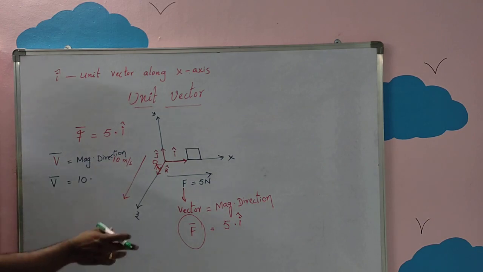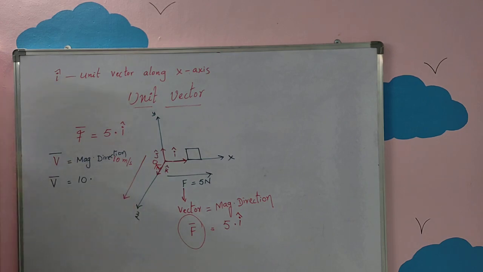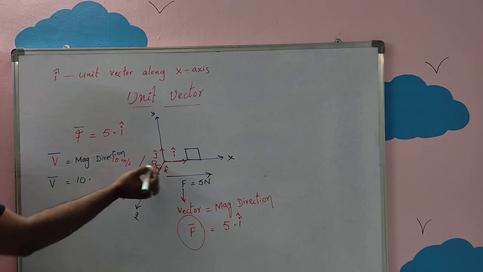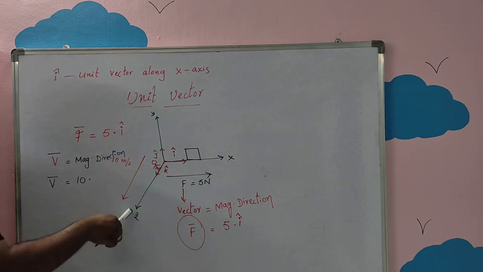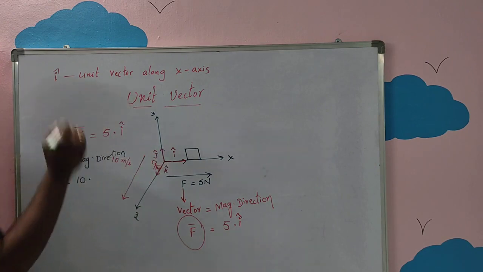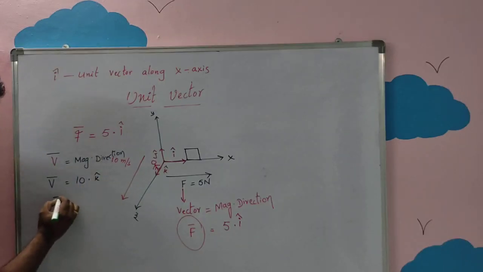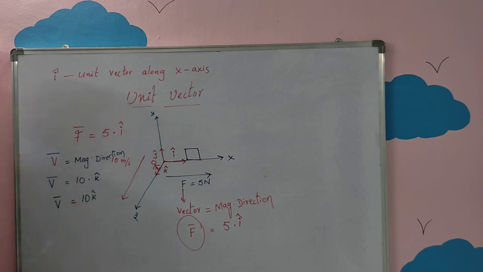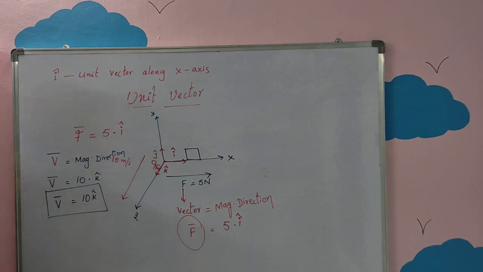K cap is the unit vector which gives the direction of this velocity vector in the z axis. So 10 is the magnitude of my velocity, 10 meters per second, and k cap is giving the direction of my velocity vector along the z axis. So totally the velocity vector can be represented as 10 k cap. So then only we can call this velocity a vector.